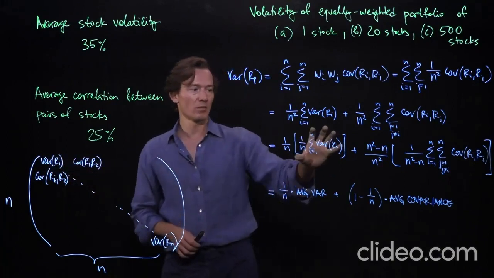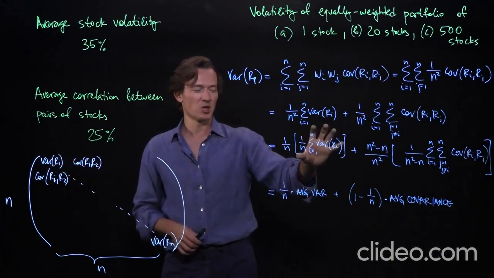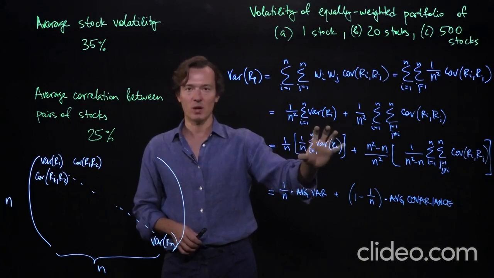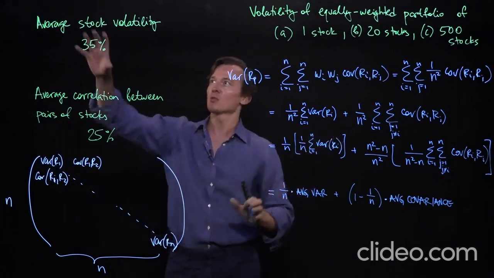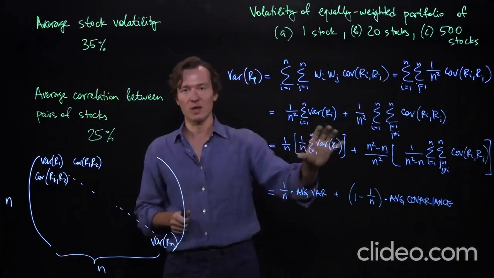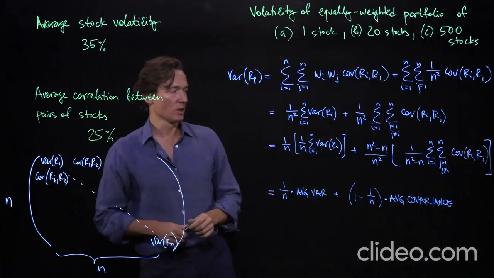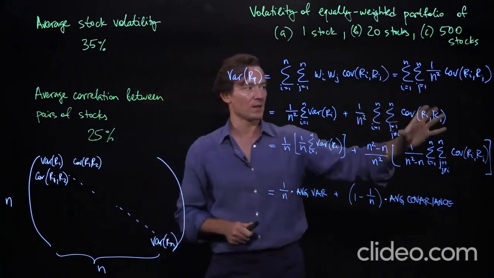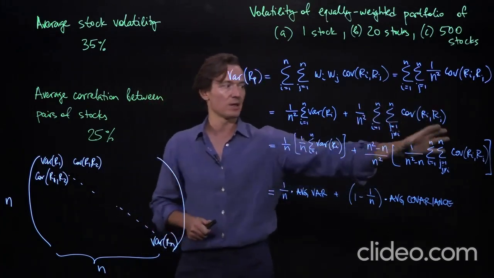And so this term in parentheses is just the average variance. And we know, because this question gives us the average volatility of stocks, what the average variance is. So similarly, I will try to isolate the average covariance in the second term.